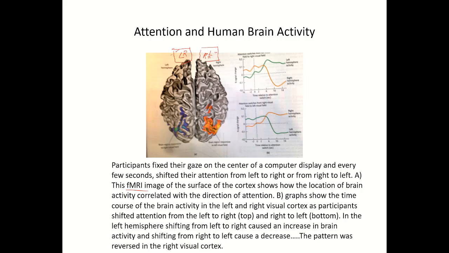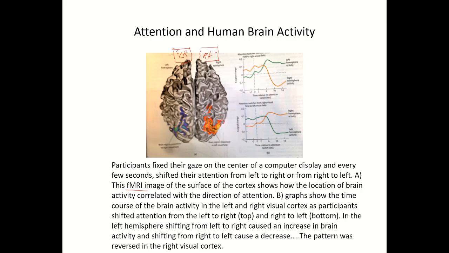Okay, now they recorded the posterior parietal brain activity, and they found that when the subject was paying attention to the left visual field and was waiting to see R, the activity increased in posterior parietal cortex, shown by this orange or yellow color.